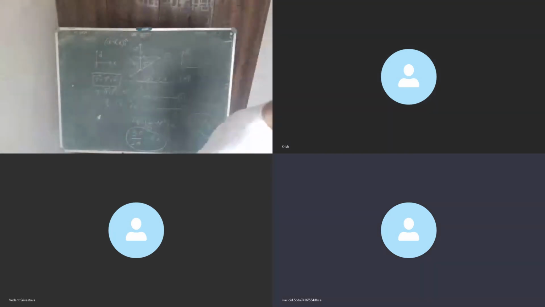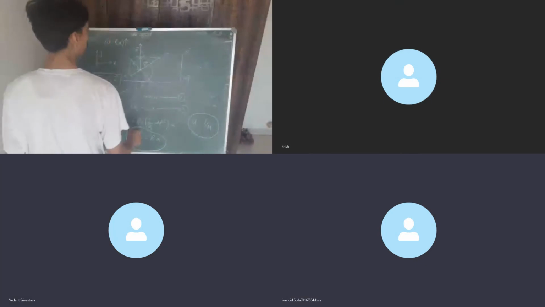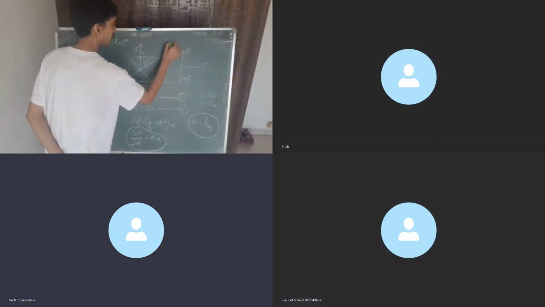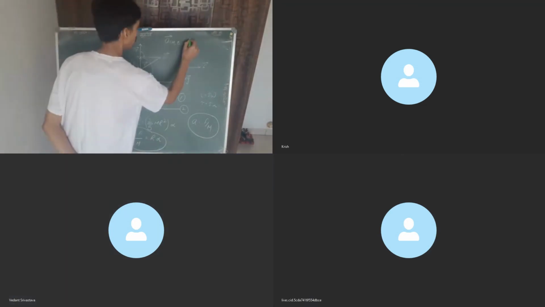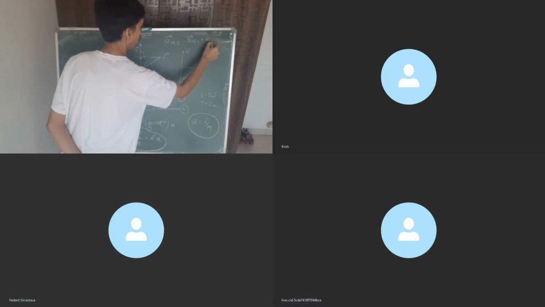Can you recollect? A minus R alpha in which direction? Acceleration of center of mass. If you cannot recollect, then you can write by yourself. Acceleration of center of mass with respect to Earth will be acceleration of center of mass with respect to center plus center with respect to Earth. Correct? Check it out.